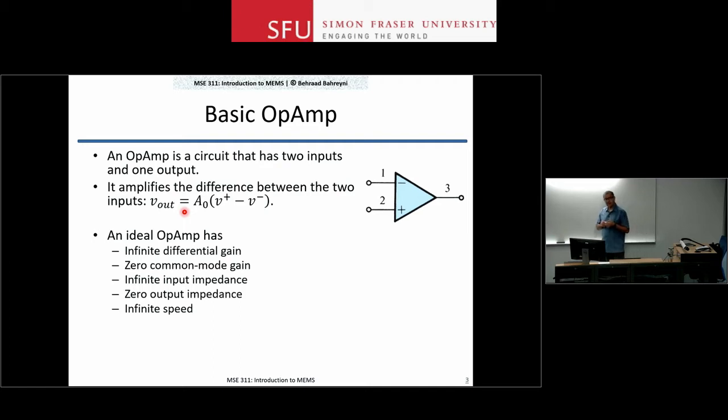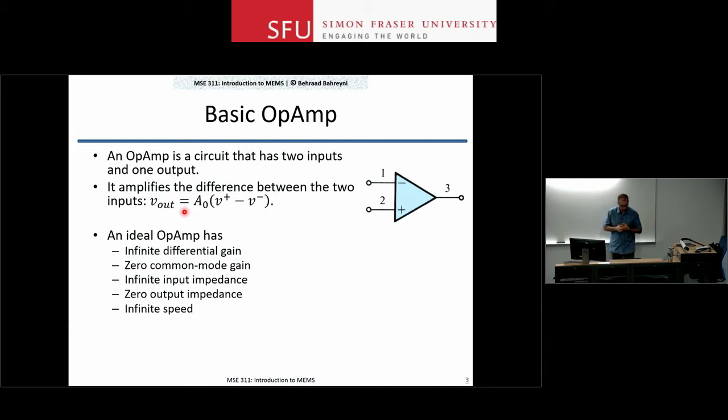An op-amp has an infinite input impedance. Right? So both the negative and positive pins on that graph have infinite input impedances, meaning that if you connect any of those ports to any other circuit, that circuit will not notice it. They don't know that you're measuring or taking the voltage from that node.